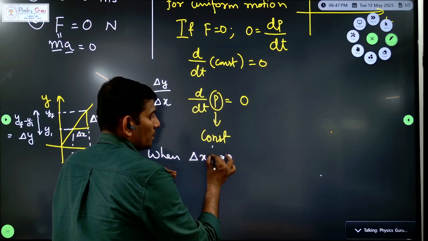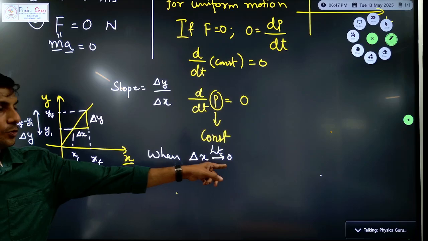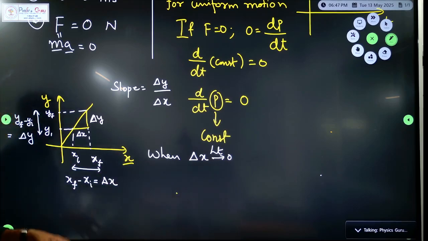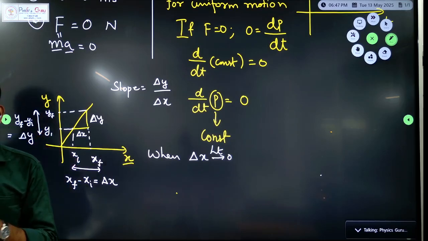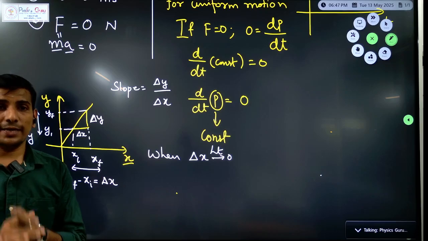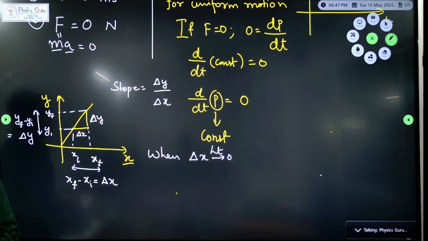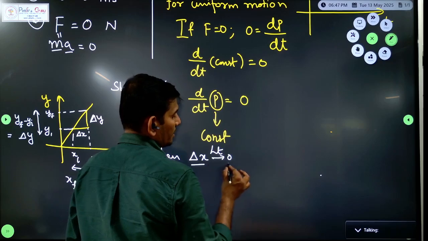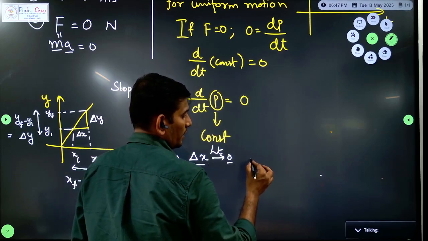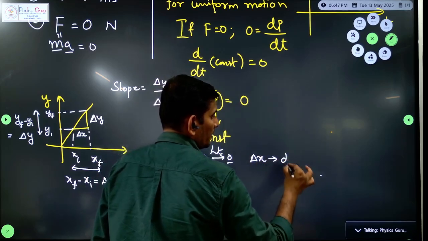So we call it the limit of del x tends to 0. Then solving this problem using algebra will be very difficult. That is the time when you have to use calculus. So when del x tends to 0, del x becomes dx.